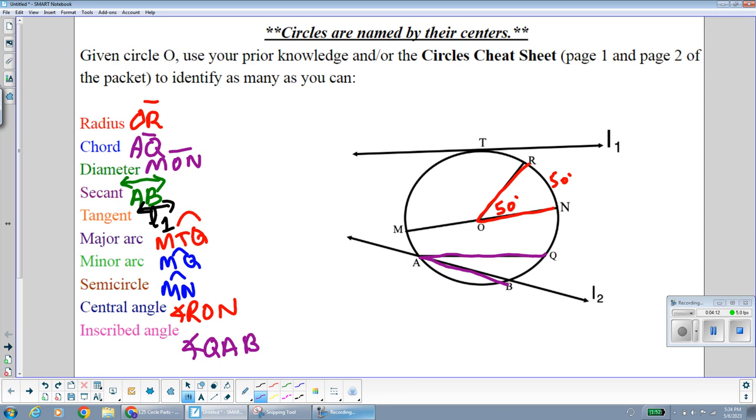Inscribed angles are half the measurement of their intercepted arc. So for example, if this angle is 35 degrees, and once again, I just made that up, that's half of its intercepted arc, the arc that it opens up to. So the arc would then be 70 degrees because the inscribed angle is half of the intercepted arc.